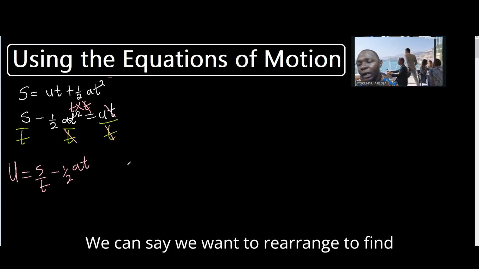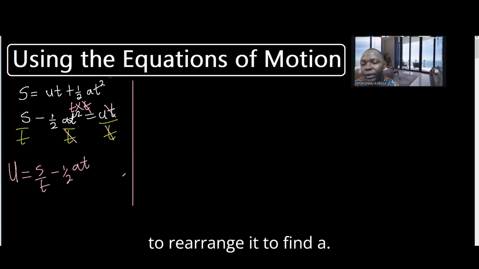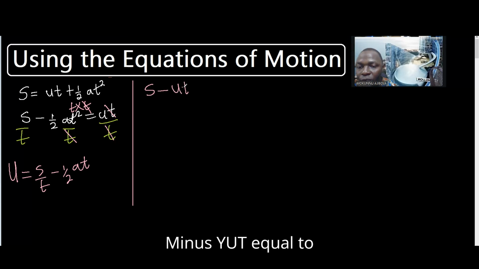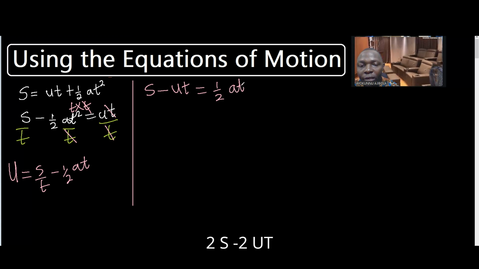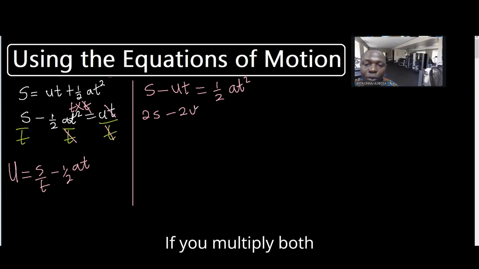And we want to rearrange to find A. So to rearrange it to find A, we can say S minus UT equals half AT square. So 2S minus 2UT equals AT squared.